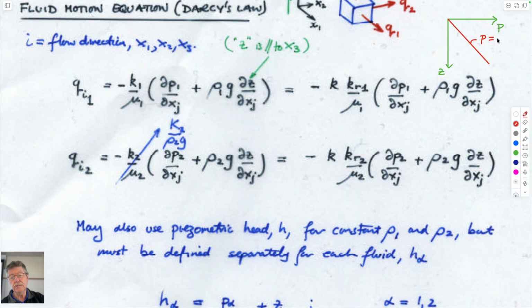Pressure is equal to density of the fluid, gravity, and the elevation, or depth. This term here is the unit weight of the fluid, and if you define that in terms of this, then this is 1, and this gradient is the unit weight of the fluid.